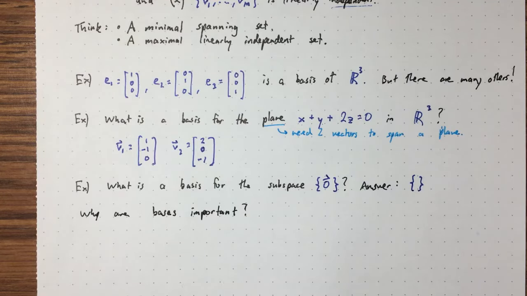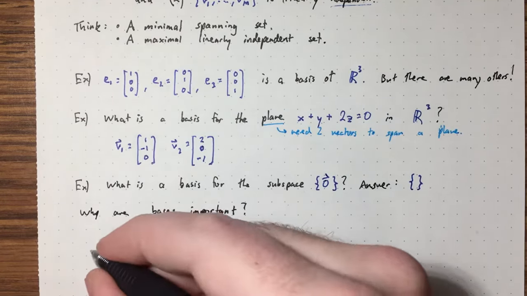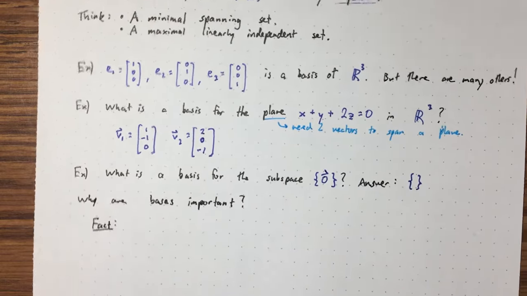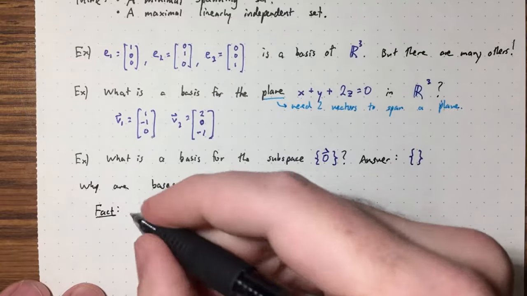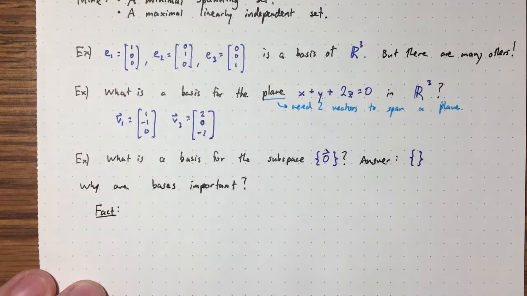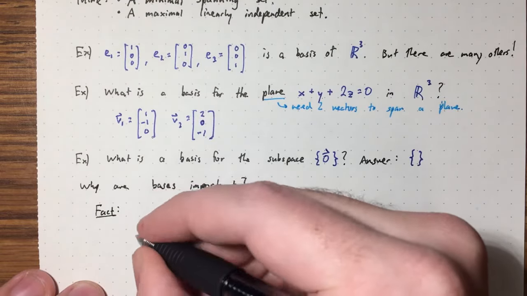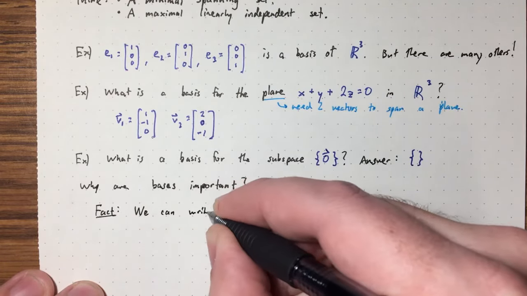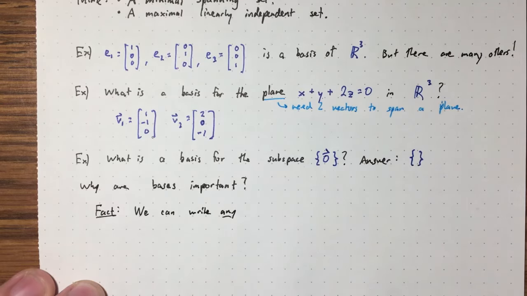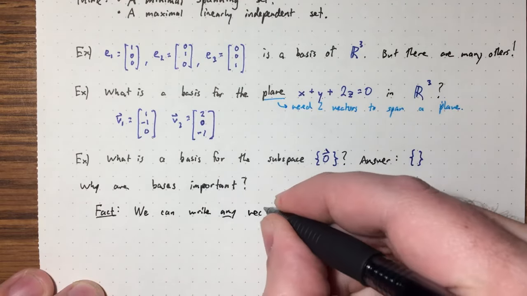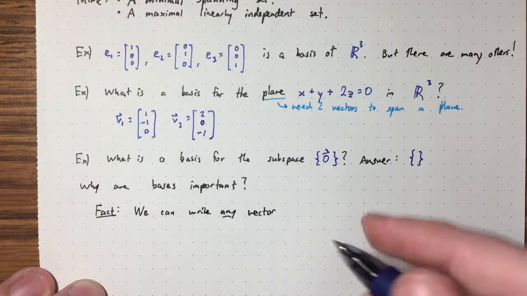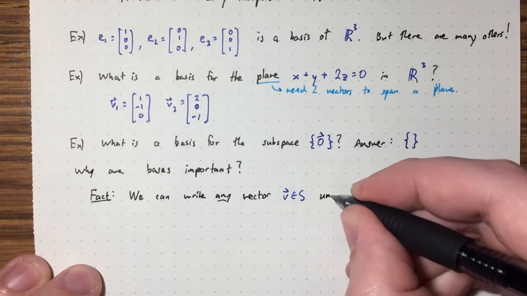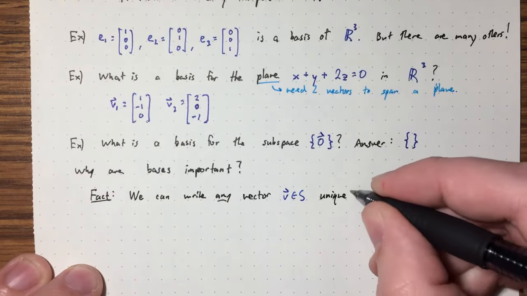There's one really key fact about a basis. We'll talk about why this is true too. So if we have a basis, then we can actually write any vector in my subspace uniquely as a combination of the basis elements.